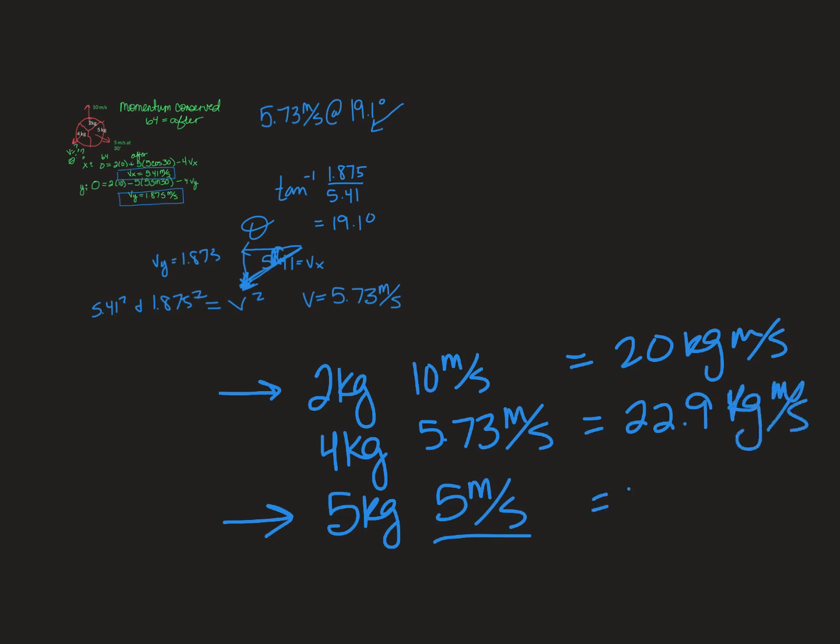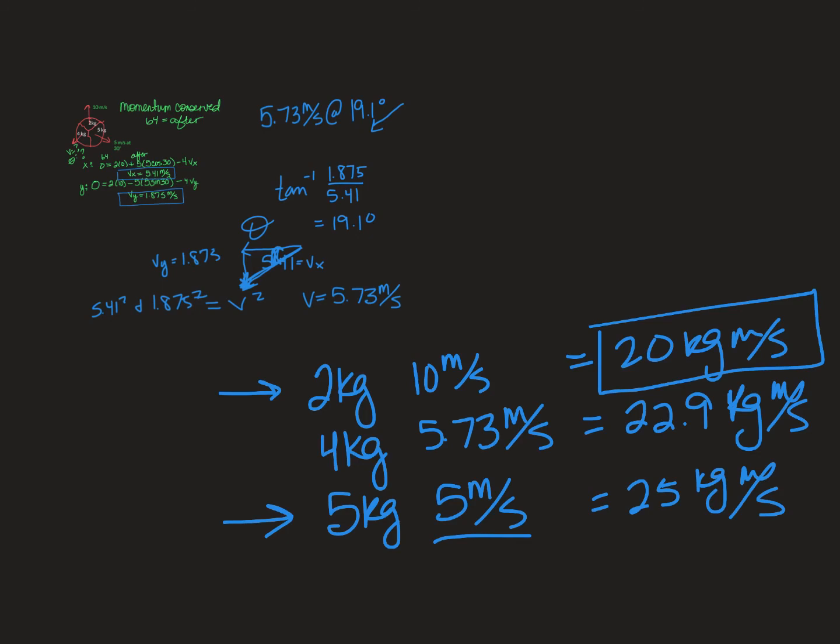And this is 25 kilogram meters per second. So in this case, we would like to get hit by the smaller piece. Now, that smaller piece is going pretty fast, so it's still going to sting. And it doesn't always come out that the smallest piece has the least amount of momentum, but this is the one we want to get hit by.